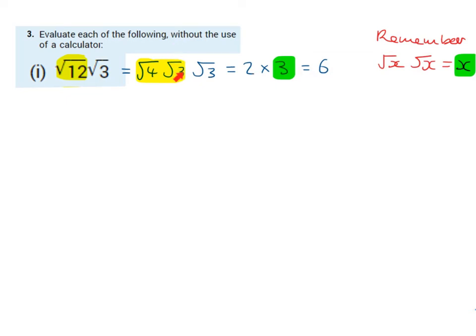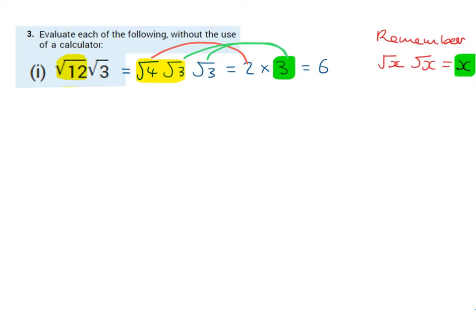And then root 3 will give us 3, because root x gives us x. And then 2 multiplied by 3 gives us 6. So root 12 root 3 gives us 6.